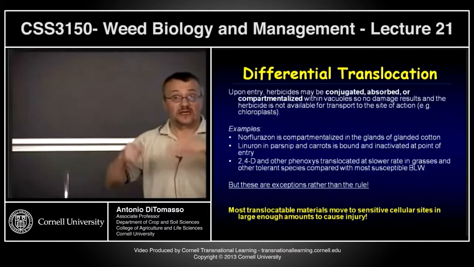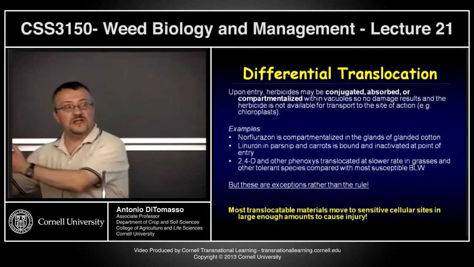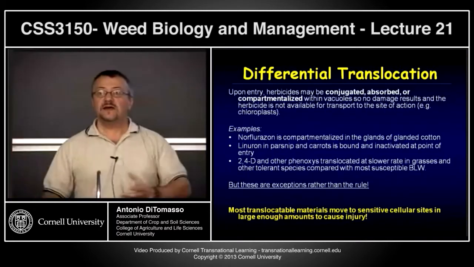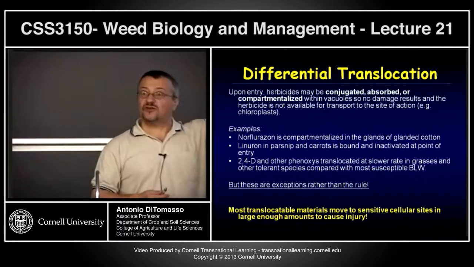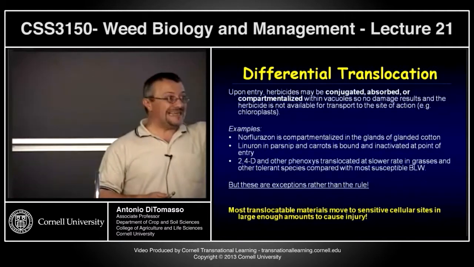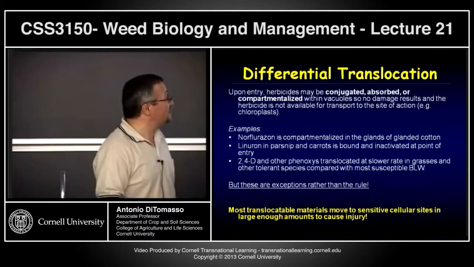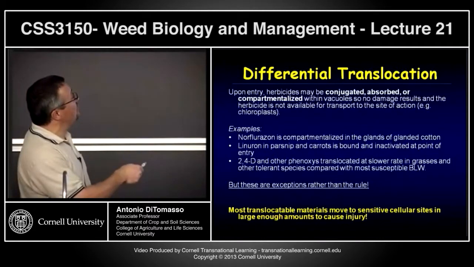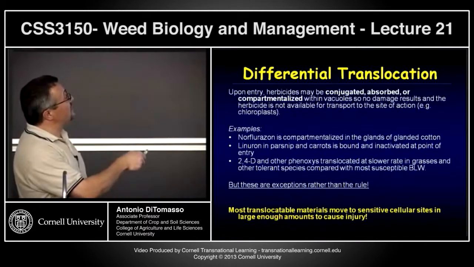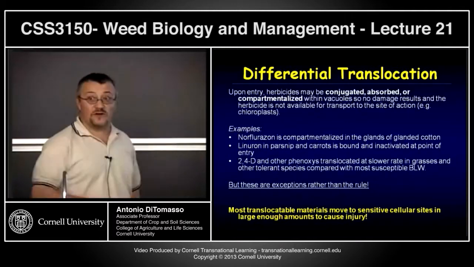I.e., they make it in, but for whatever reason, broadleaf weeds really move something like 2,4-D, MCPA, Banvel faster to the site of action, where basically the herbicide stops an important physiological process? Yeah, in some cases this is true. As I mentioned, some herbicides, even when they get in, may be conjugated, absorbed, or compartmentalized.